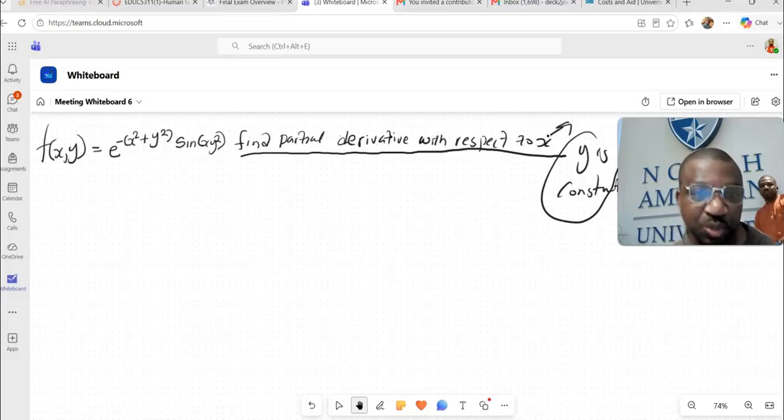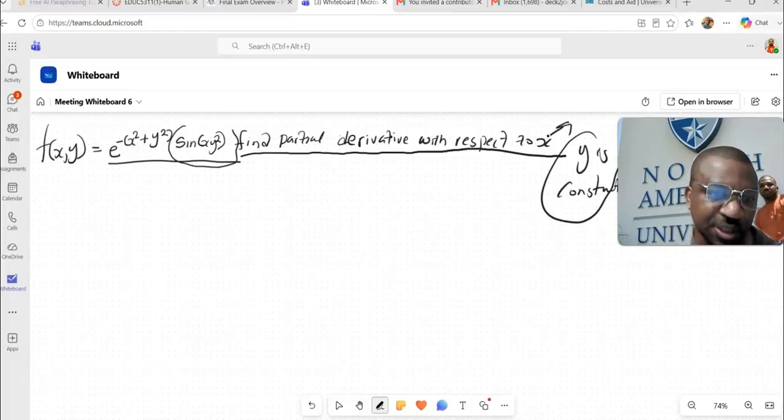First, let's know how many products we have in this question. If you look at it carefully, we discover that we have two products. This is the second one, and this is the first one from the left-hand side. So I can label them P1 and P2 to make the whole work easier.